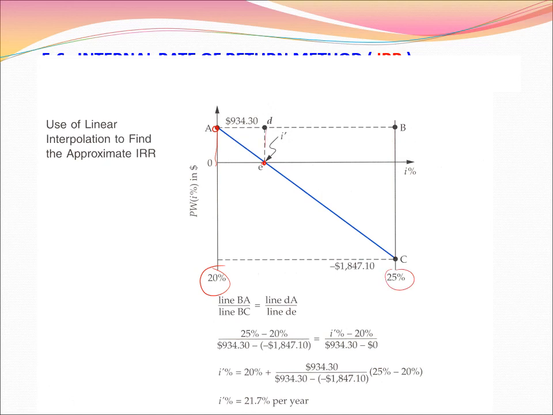So simply what we will do, in this larger triangle, this side divided by this side, so 25% minus 0.2, this one, divided by this one, which is the difference of the present worth values, should be equal to, in the smaller triangle, this side divided by this side.